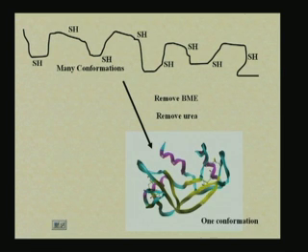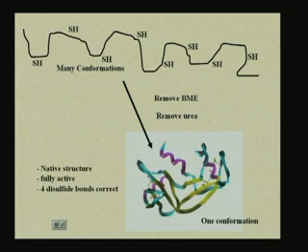What is this structure? It is exactly just one conformation. Okay? And what is this? It is the native structure of the enzyme that is fully active with the 4 disulfide bonds correct to what was there in the original protein.